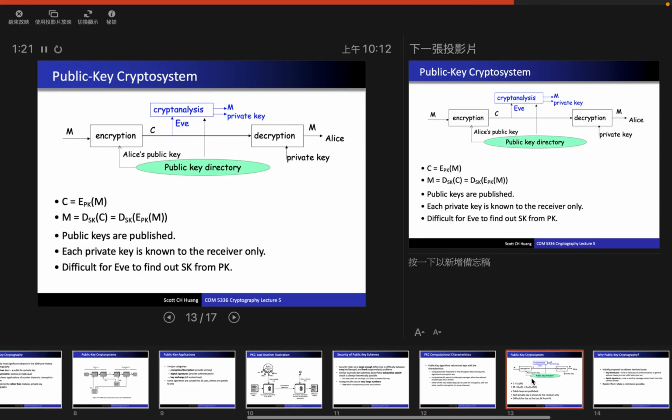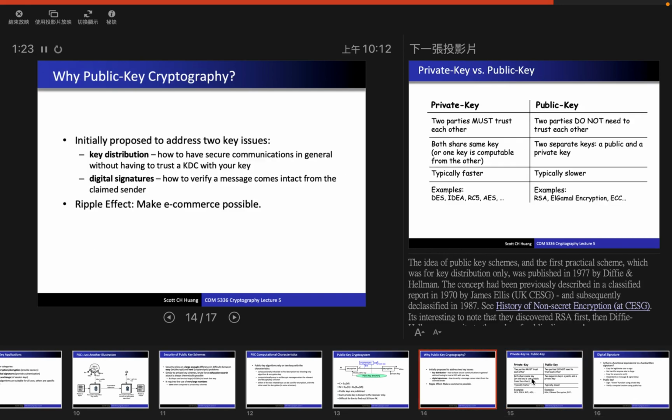Number two, digital signature as well. And actually, this is related to building up a secure channel as well. Even though you can use public key cryptography to establish a secure channel, we still cannot verify the authenticity of any party.